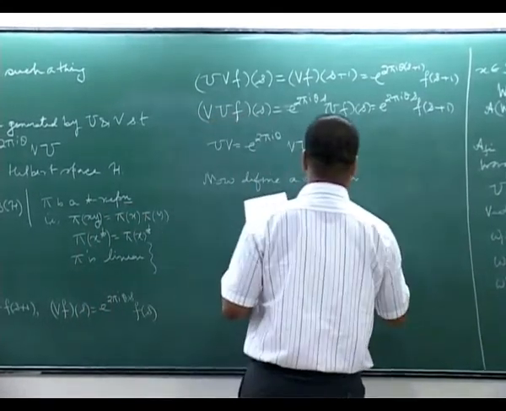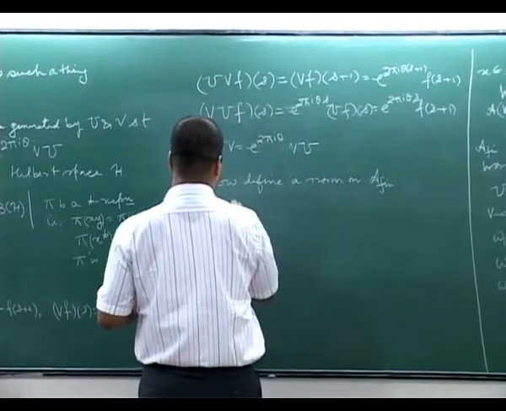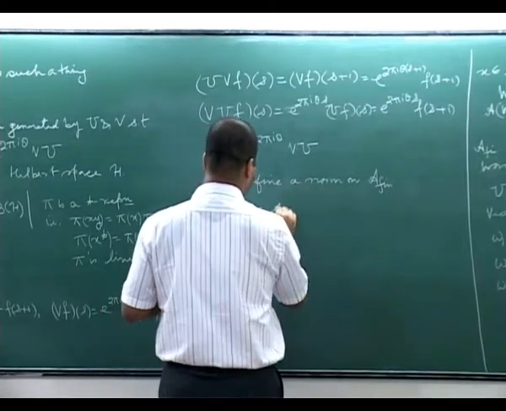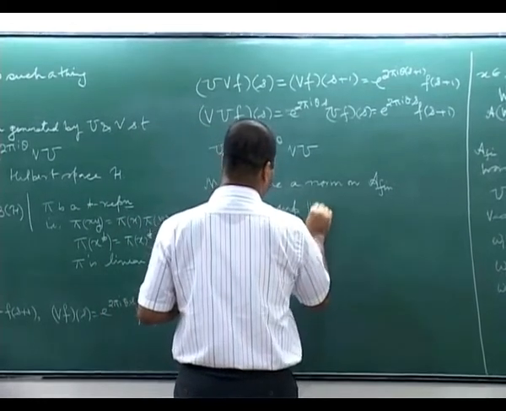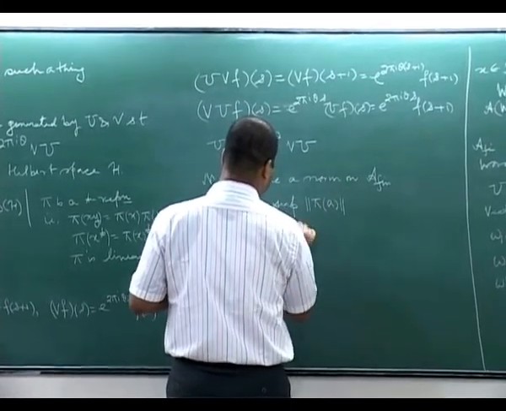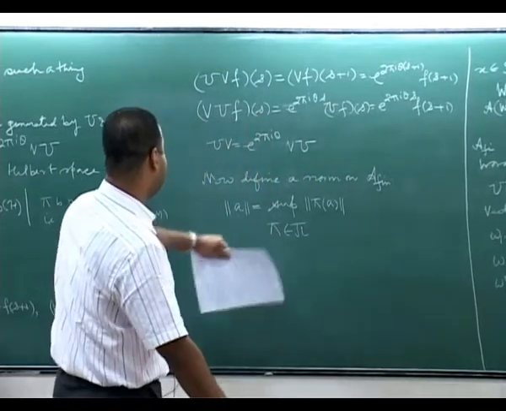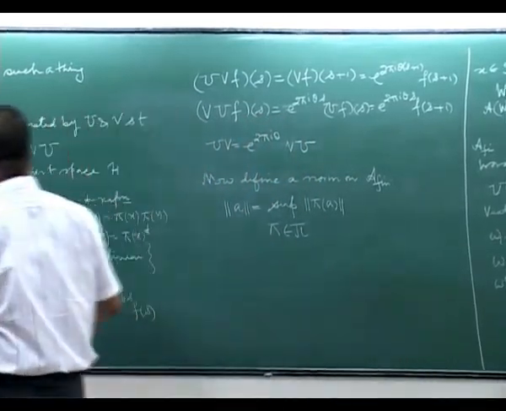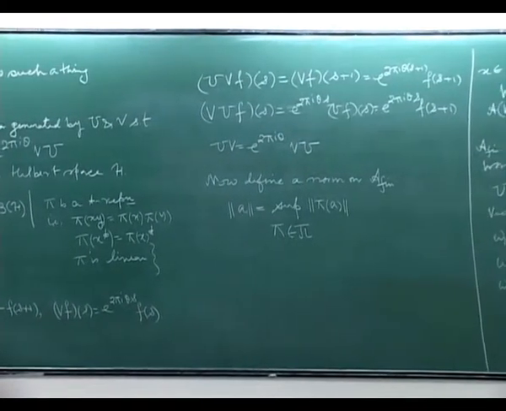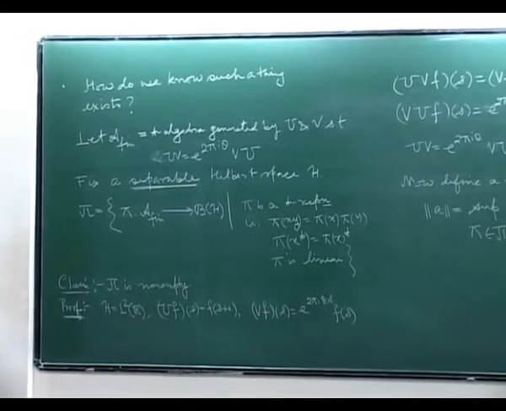Now define a norm on this set. Of course, one has to verify that this quantity is finite. Arthur, one second. On that, did you also impose the requirement that U star and V star are inverses, that those are unitaries?